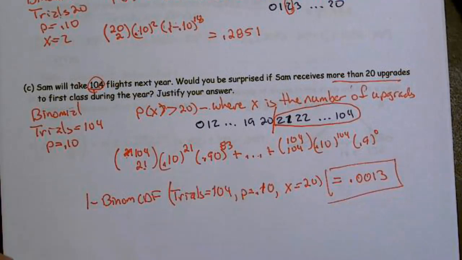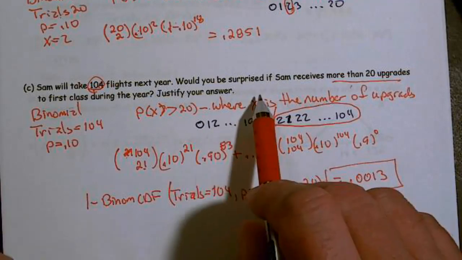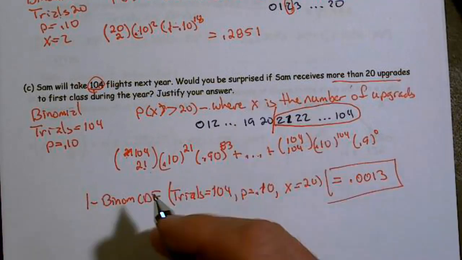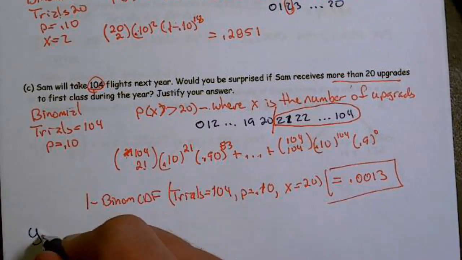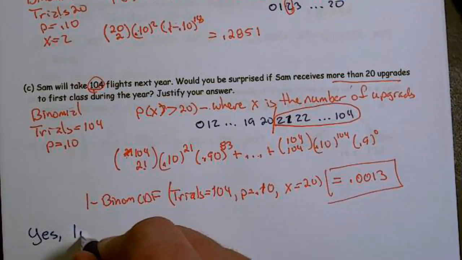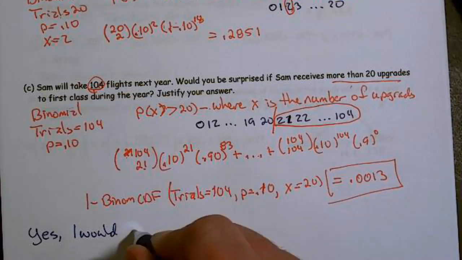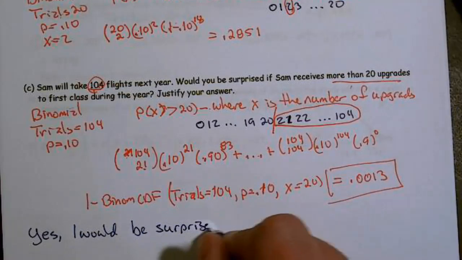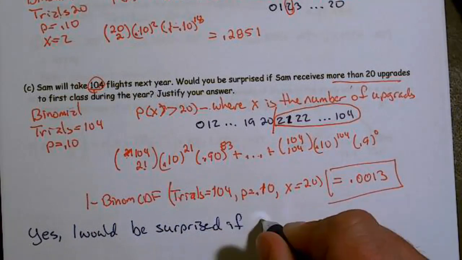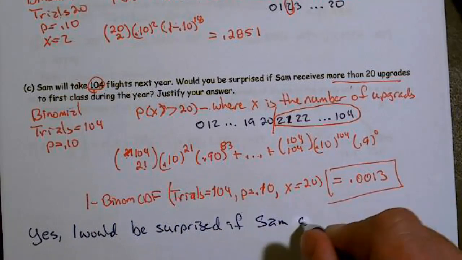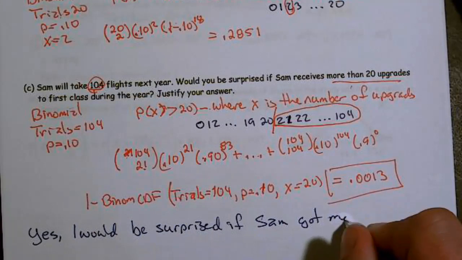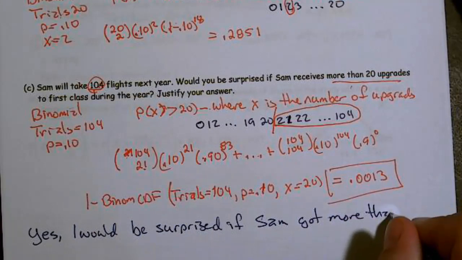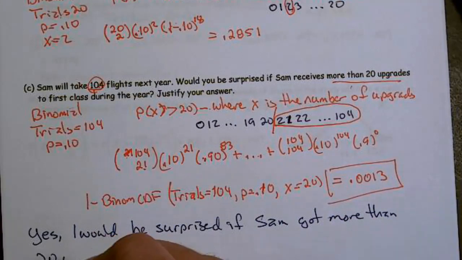Guess what? If we only showed that, we didn't get full credit because we haven't answered their question. Would you be surprised? Well, the answer is yes. I would be surprised if Sam got more than 20 upgrades.